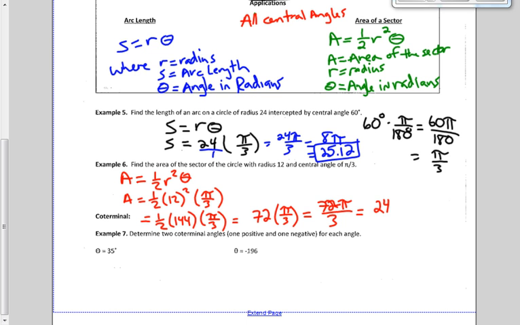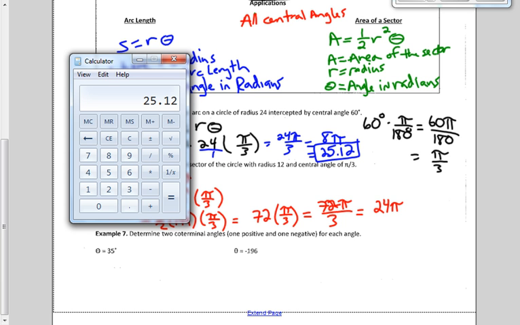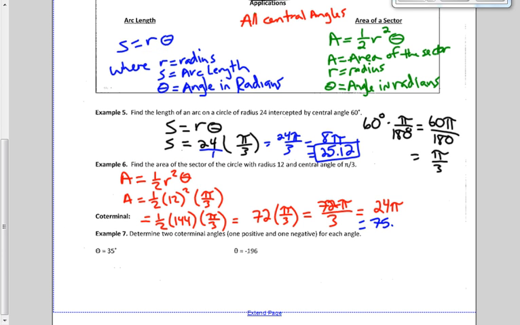So 3 goes into 72 24 times. And you get 24 pi. Again, if you aren't comfortable with that being the area of a sector with pi in there, you can go 24 times 3.14 is fine. I get 75.36. And either one of those are fine.